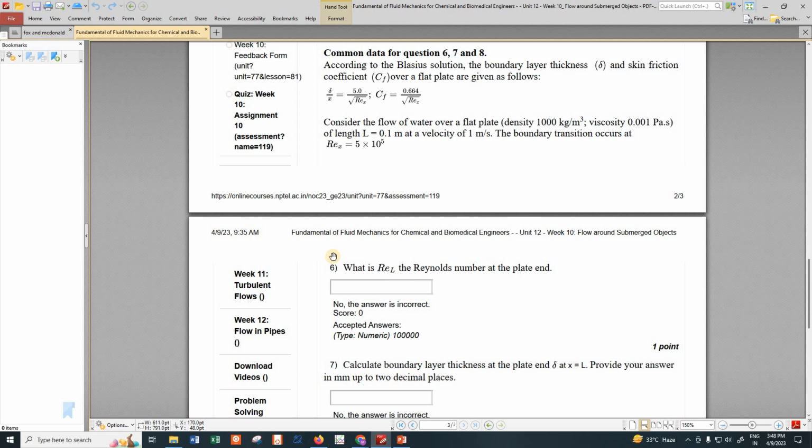Now, question number 6 says, what is the Reynolds number at the plate end? So we need to calculate the Reynolds number value at the plate length of 0.1 meter.